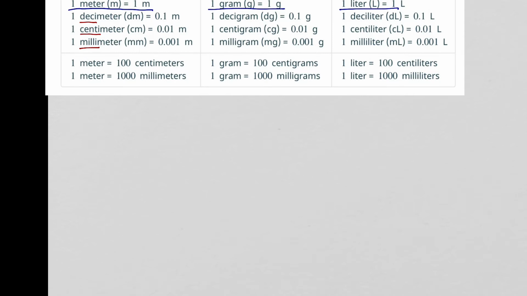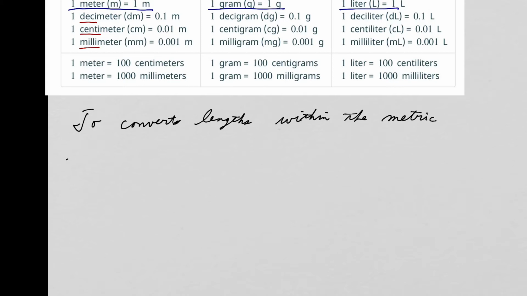So, again, I'm going to focus on lengths for now. To convert lengths within the metric system, we could use unit conversion factors.